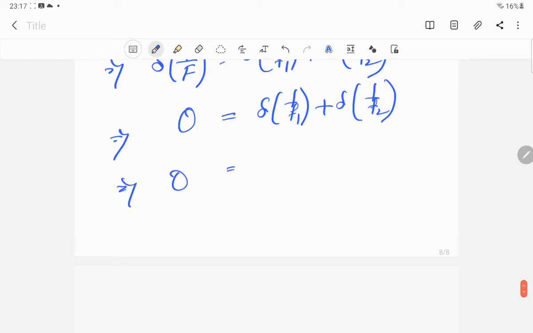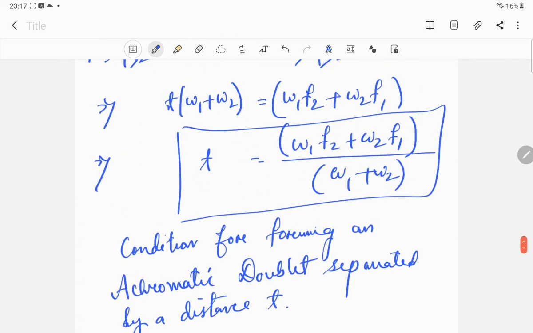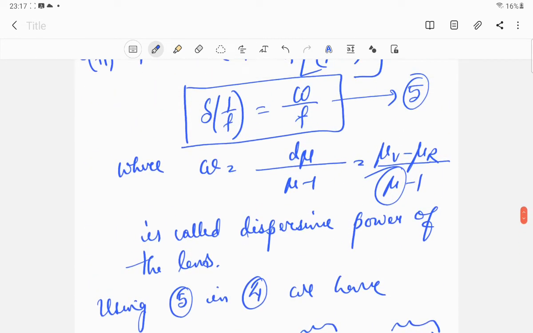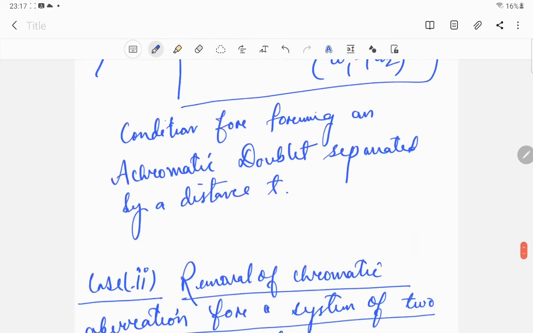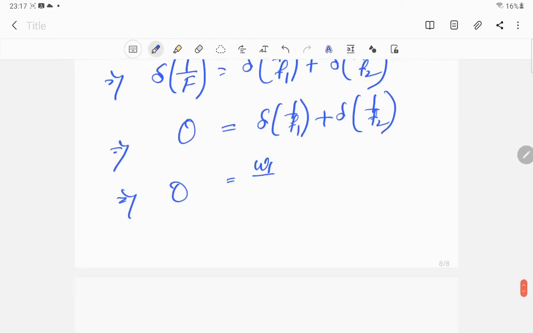Now you know what happens here. Let us go back. What is that relation that we have already obtained? Yes, del of 1 by f is equal to omega by f. So the del of 1 by f1 will be omega 1 by f1. So we'll be putting the value omega 1 by f1, omega 2 by f2.